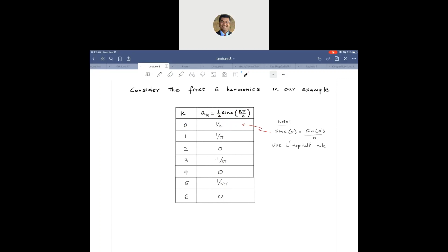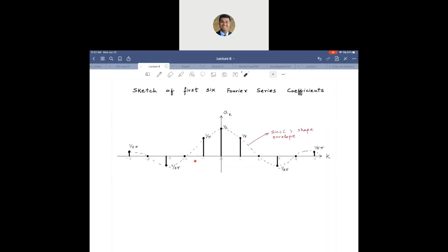When it was 1, 2, 3, 4, all of that, we noticed that all the even harmonics went to 0 and all the odd harmonics have some finite value. We can use this information to start a sketch, and the sketch will look like this. The x-axis over here is k, the y-axis over here is ak.